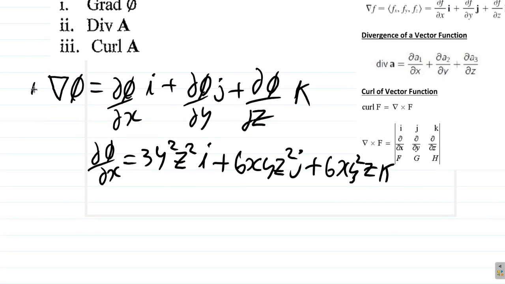That was part 1. We need part 2 now to find the divergence of A, right?